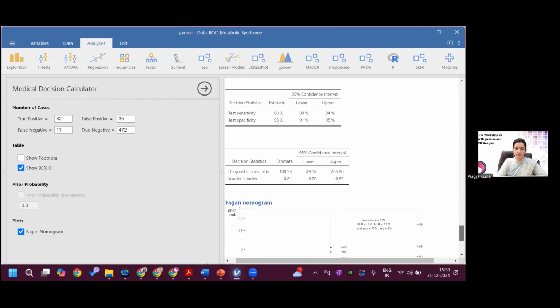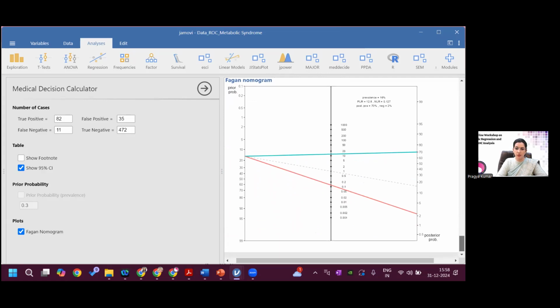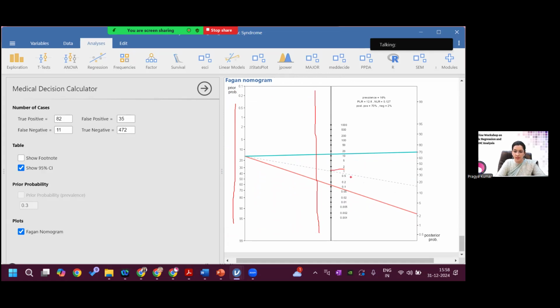Now coming to this, this is the Fagan's nomogram, which I wanted to tell. This first line is the prior probability. And this second line is of the likelihood ratios of the test. Here it is 1. Below 1, you can see it is 0.5, 0.2, 0.1.